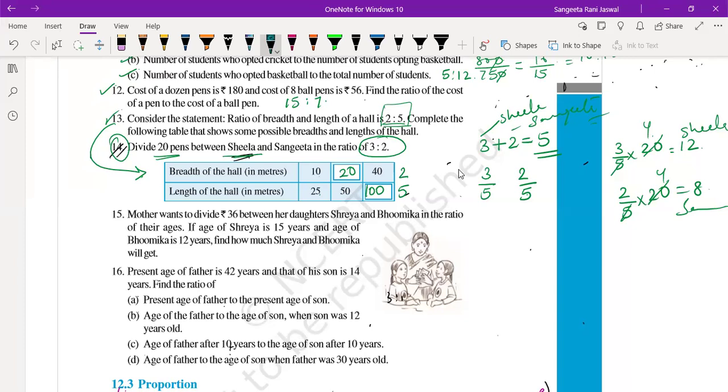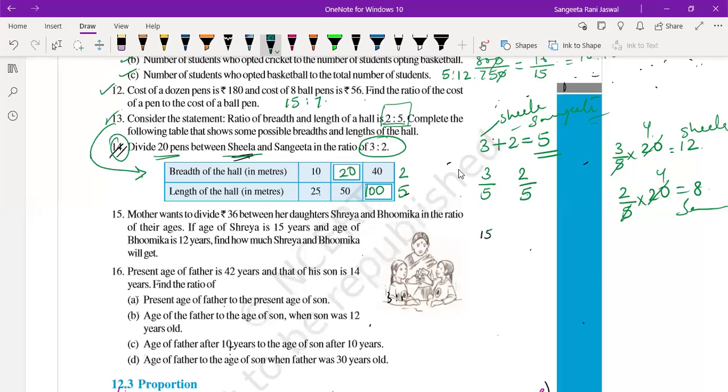So we'll first find the ratio of their ages because the rupees is to be divided as per the ratio of their ages, no? So the ratio is 15 by 12. 15 is to 12 will be how much? Ma'am, it's going to be 5 by 4. 5 by 4, right?